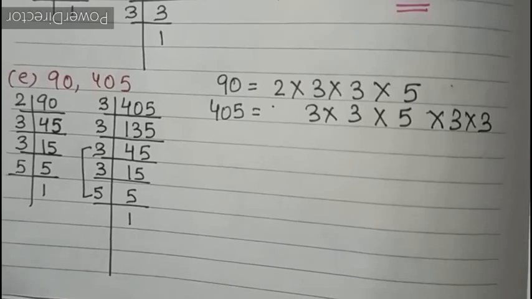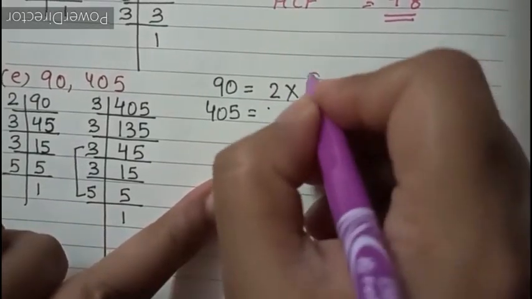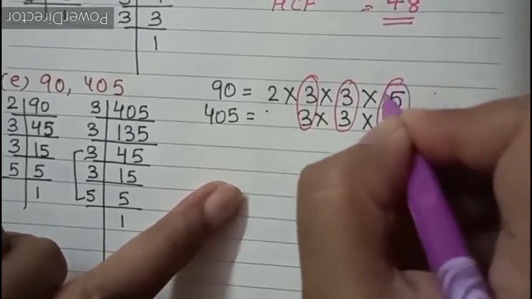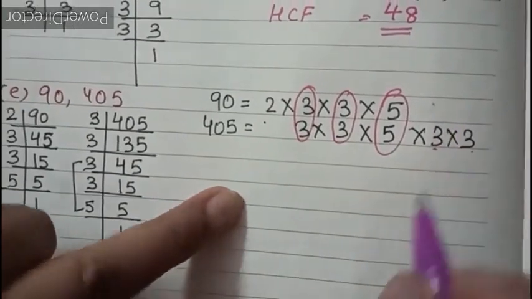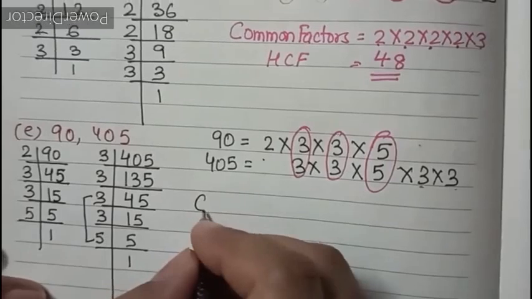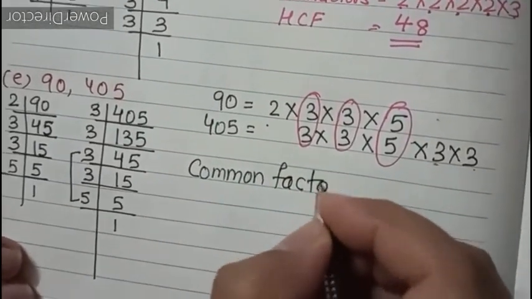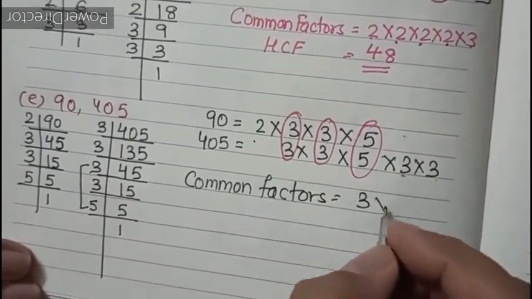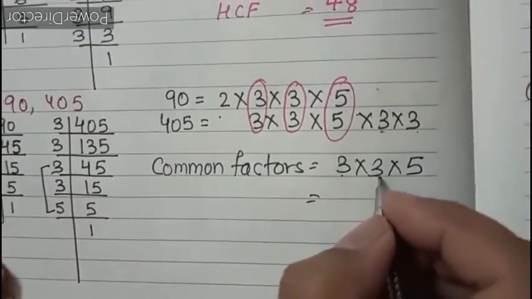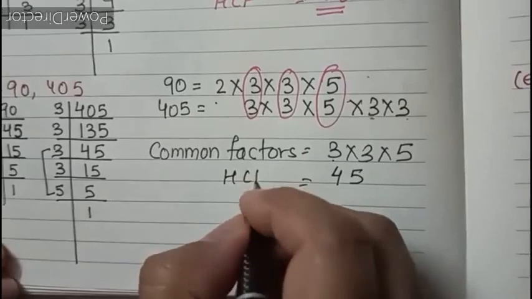That means it's very clear from here that 2 does not have a common pair. This 3 is common, this 3 is common and this 5 is common. Even these 3s do not have any matching pair. So the common factors are 3, 3 and 5. So 3 3s are 9, 9 5s are 45. So this is your HCF, right?